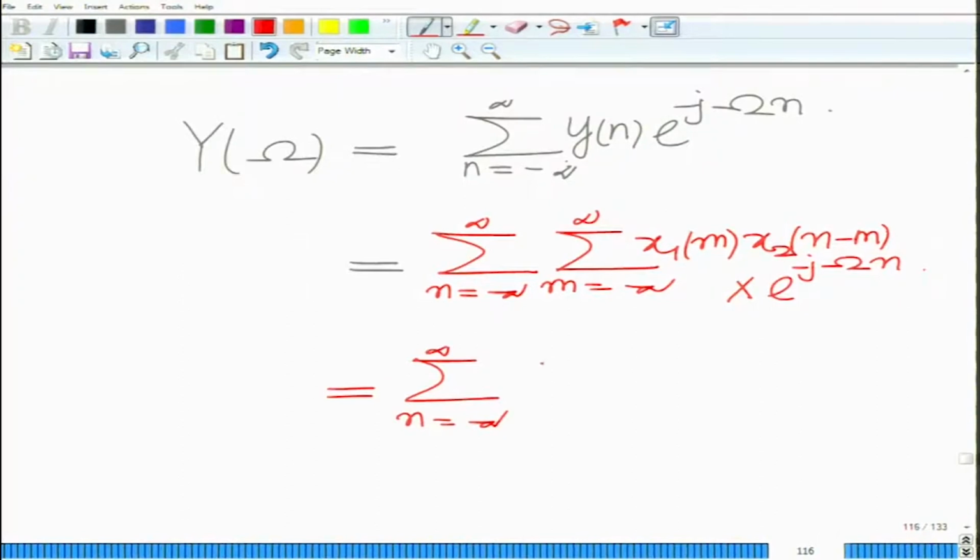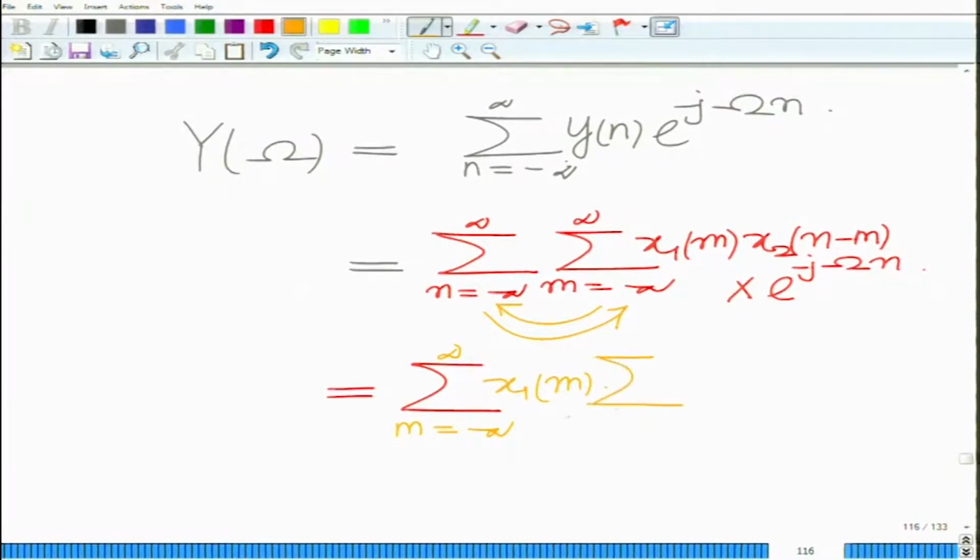Now I can interchange the summation with respect to n and m. So, first you have the summation m equals minus infinity to infinity, then x1[m] will come out because it depends only on m, and then the summation n equals minus infinity to infinity x2[n minus m] e raised to minus j omega n.